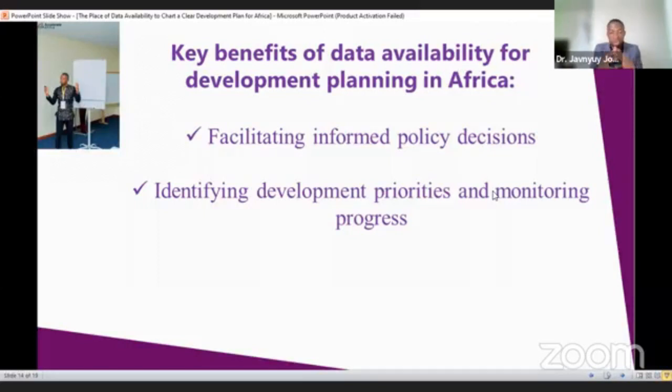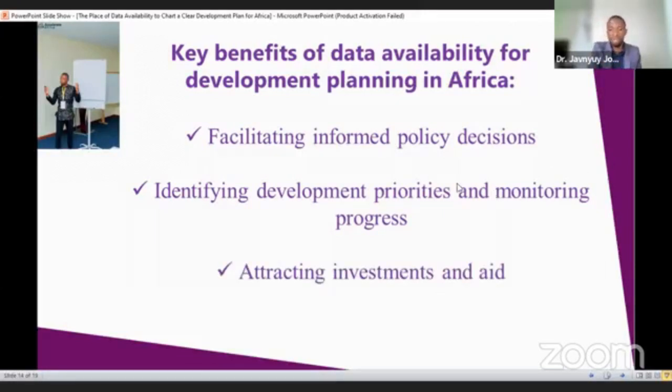Meanwhile, when you look at data and what the citizens are going through, you will notice that the greatest need of the citizens now is good health care, or proper secondary school education, or proper university training. So the only way that government can identify the right priorities and monitor progress the right way is for data to be available, and for them to invest and make that happen.